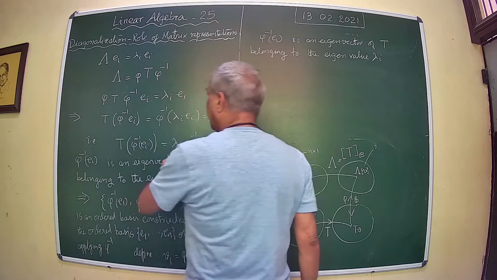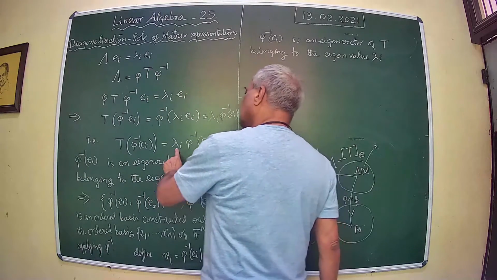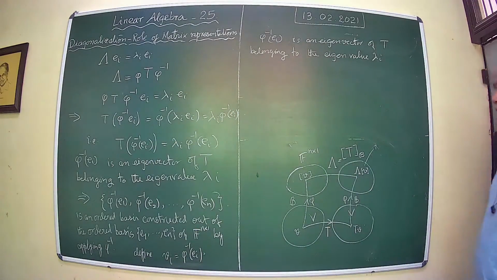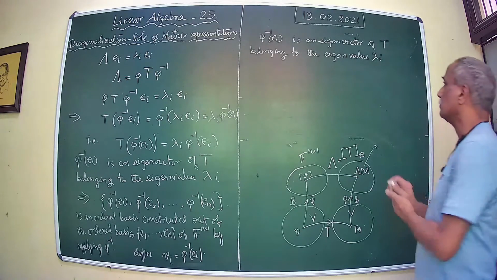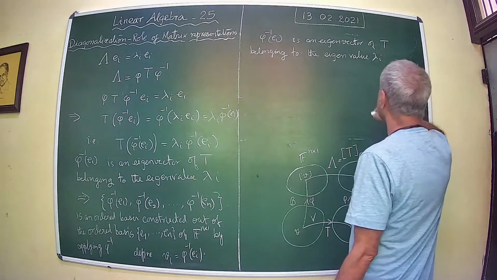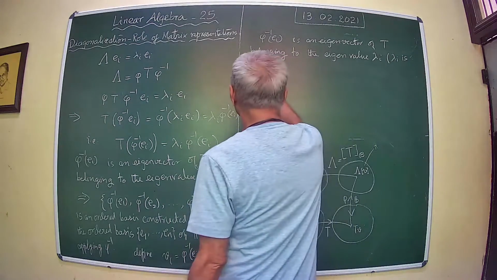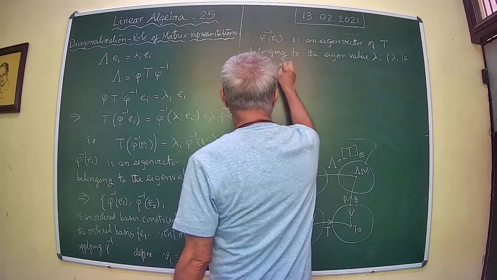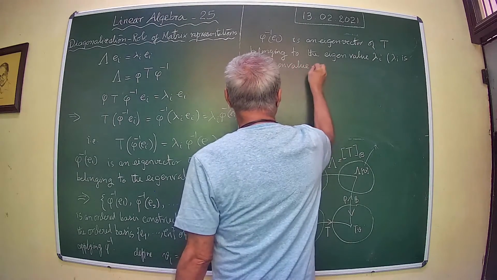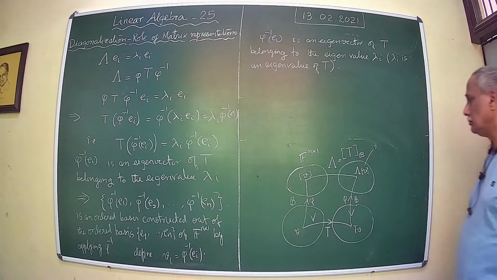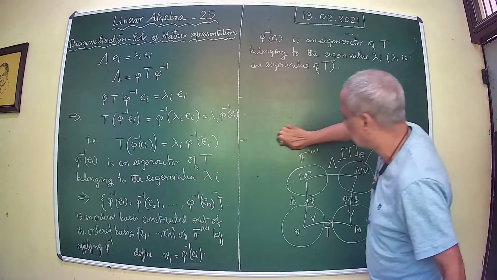Therefore, each lambda I is an eigenvalue of T. So, essentially, the problem reduces to finding the eigenvalues and eigenvectors of T. So that part is clear.